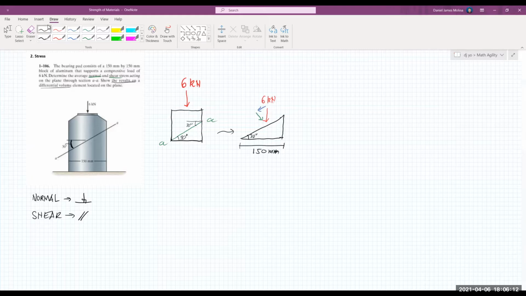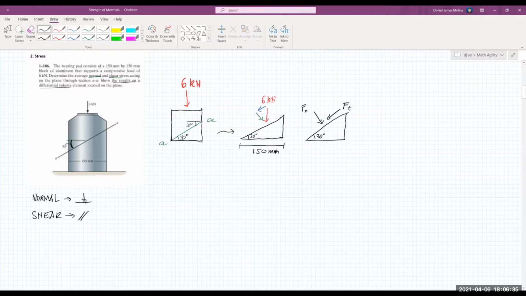Okay, so I will rewrite the portion here. So 30 degrees, and then we will have this one as the normal component, and this is the parallel component, or sometimes they call this the tangential component.